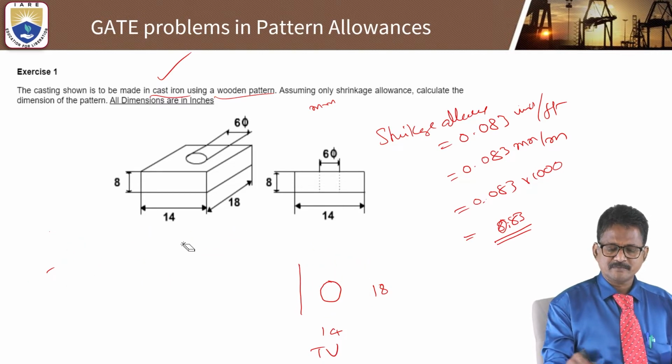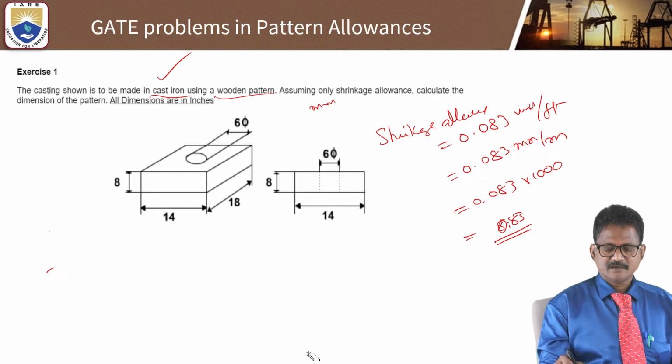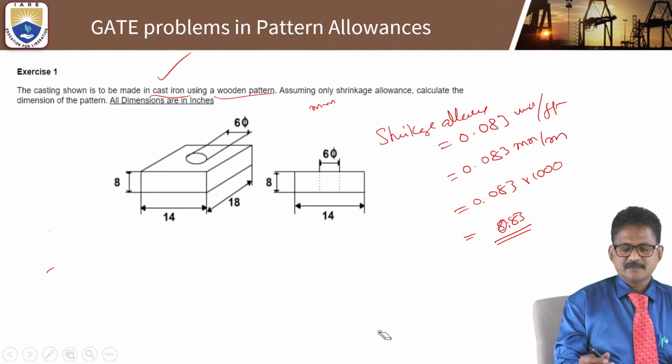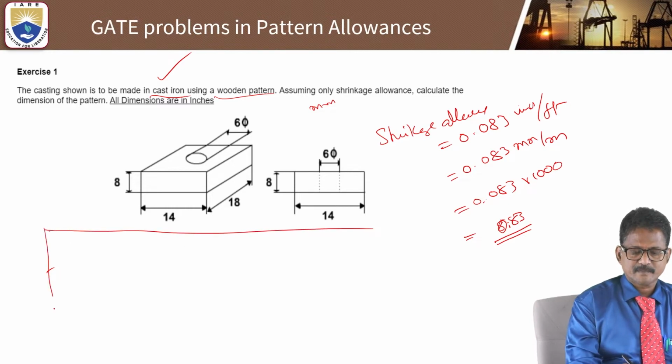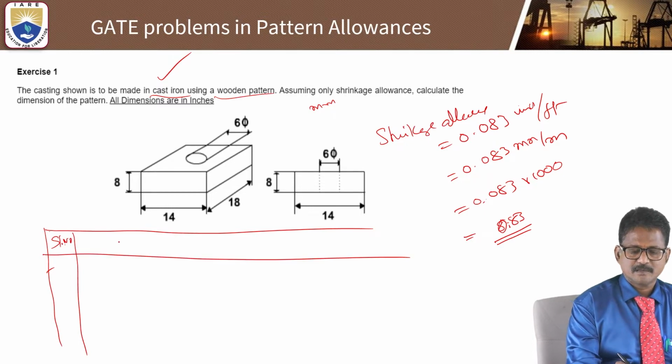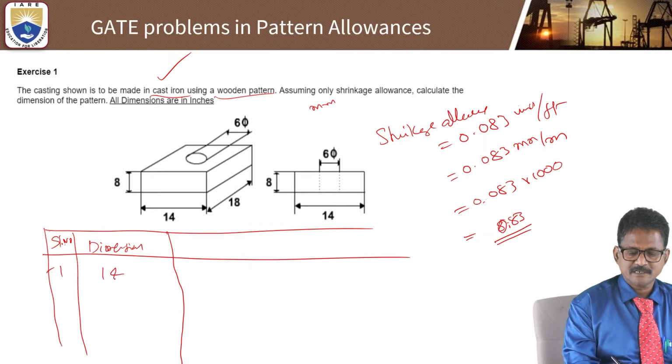In this problem, first you have to draw a tabular form: serial number, dimension. First one is 14 inches, second one is 8.